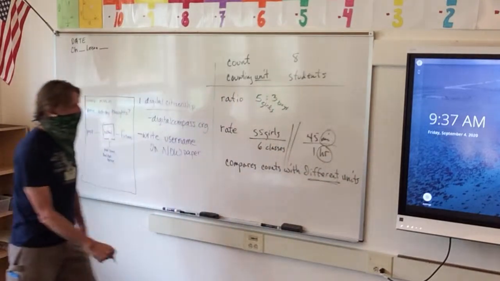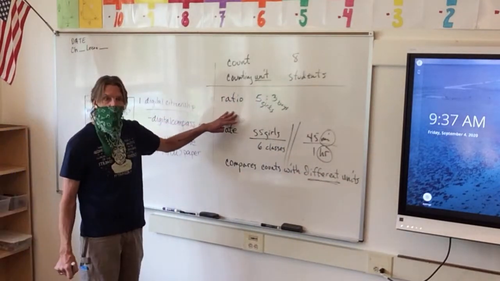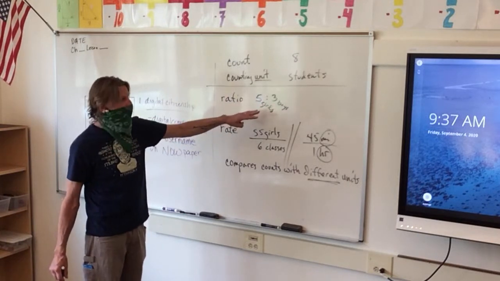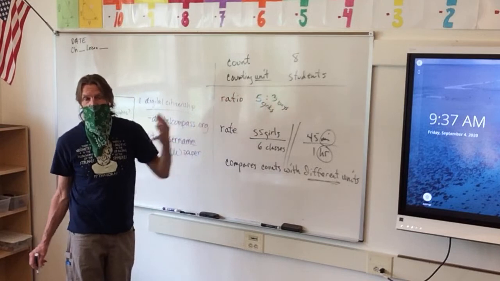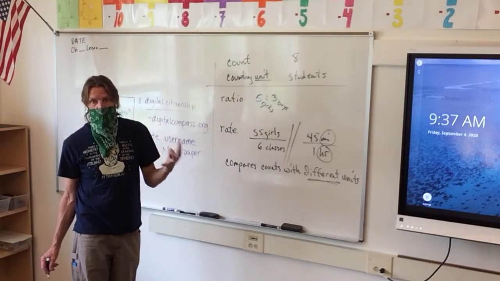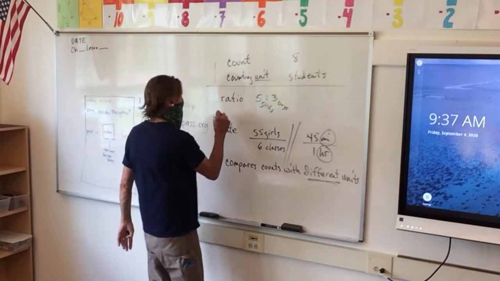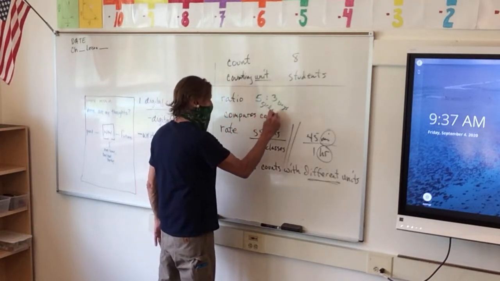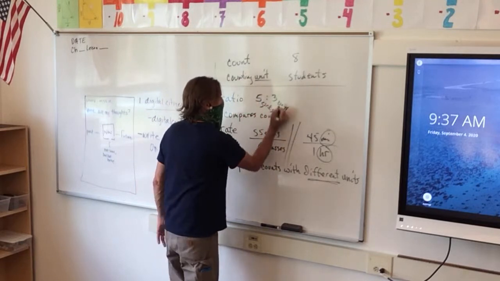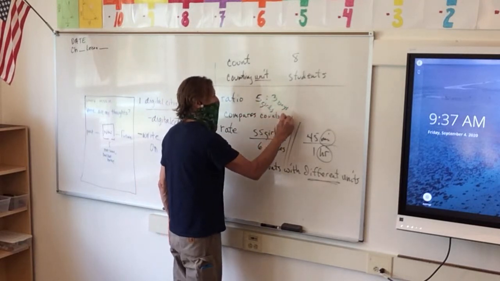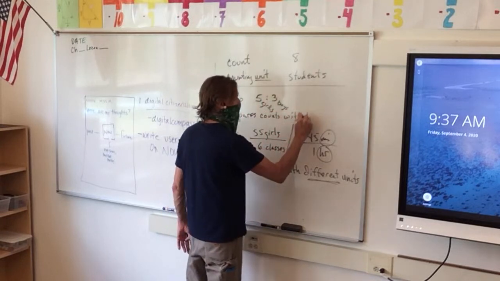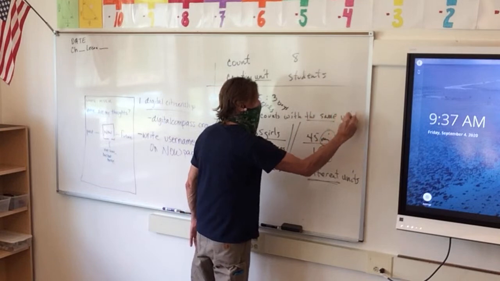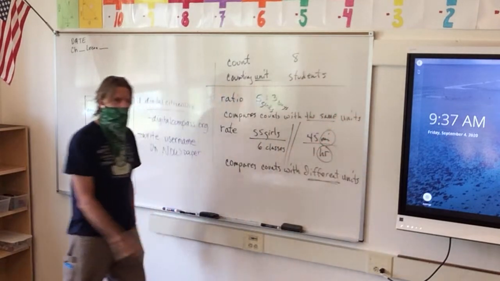It compares counts with different units, whereas a ratio compares counts with the same units. Girls and boys are still considered to be students or people. That's the difference between them.